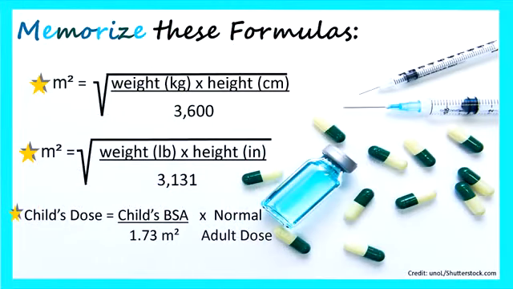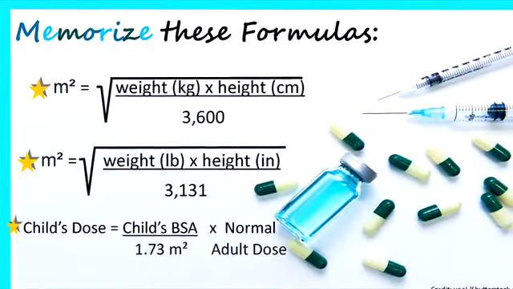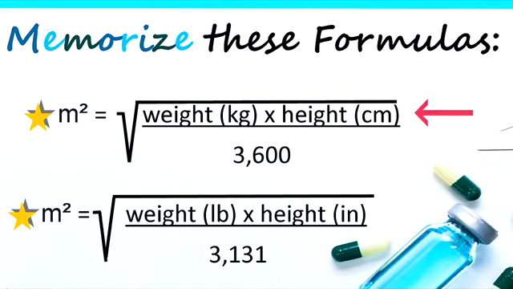So whenever calculating body surface area, there are 2 main formulas that you will potentially use, and it depends on what that scenario is giving you. So for instance, you're going to look at the height and the weight in that scenario, and you're going to need to determine, is this based on the metric system or the household system? That first formula on your screen would be the formula you would use to solve body surface area if they were giving it to you in the metric system.